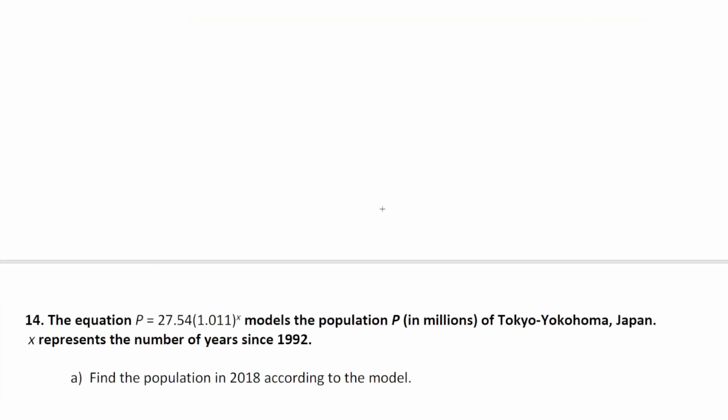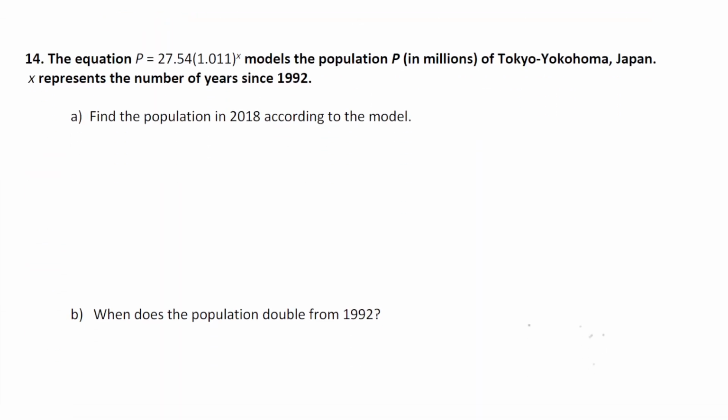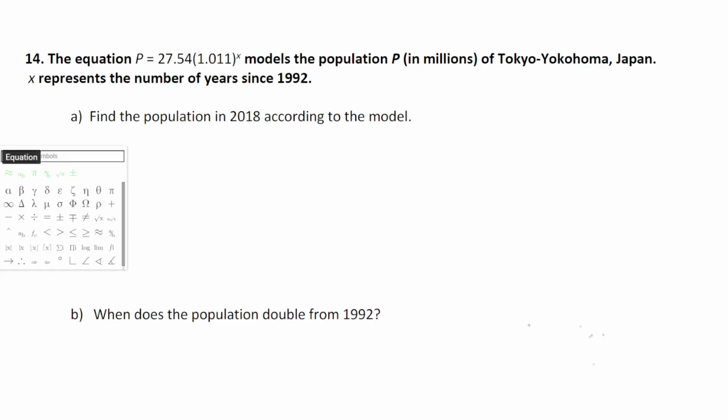Okay, so let's go on to the very last page, page 8. Wow, 8 pages. Number 14. This equation models the population of Tokyo, Yokohama, Japan, where X represents the number of years since 1992. Find the population in 2018 according to the model.